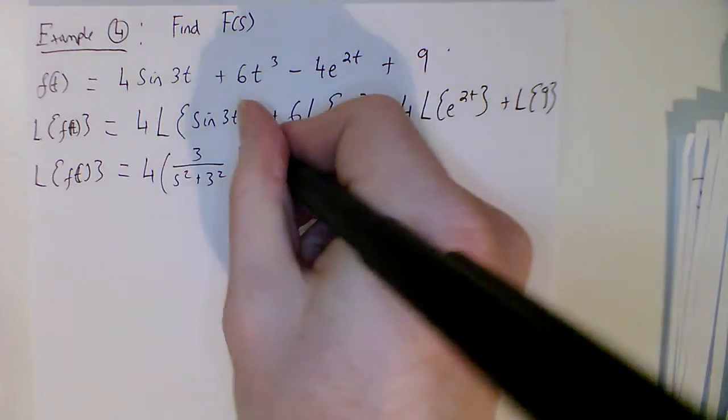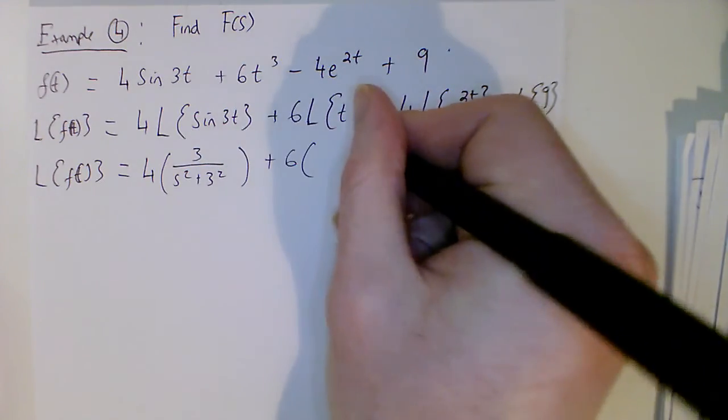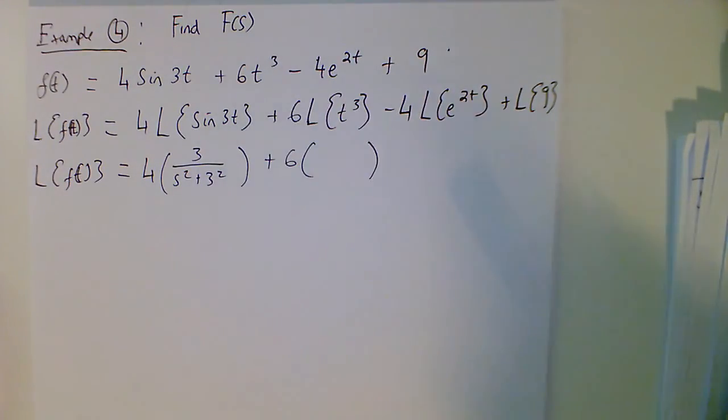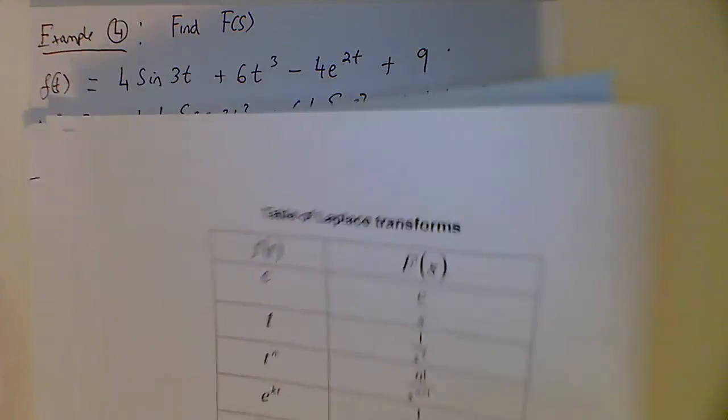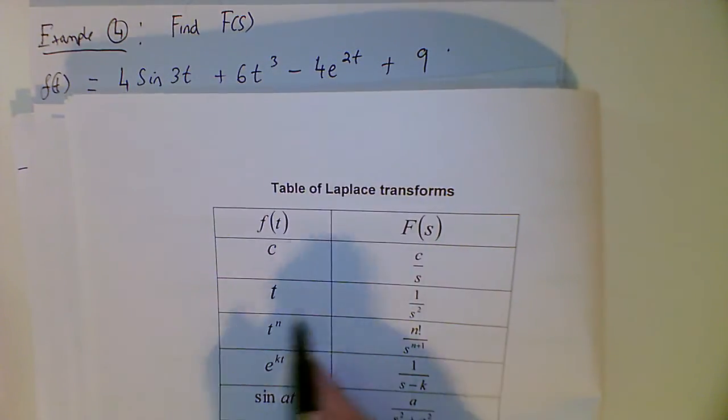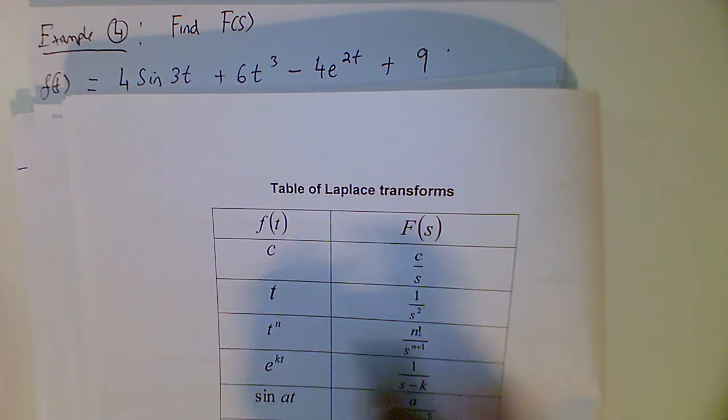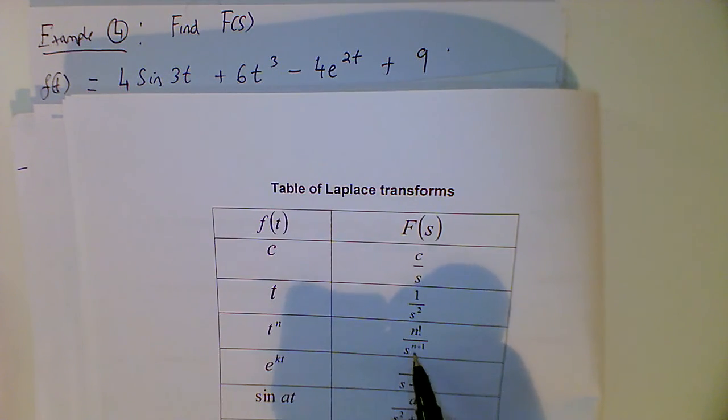The Laplace transform of t cubed is just your t to the power of n Laplace transform, so it's t cubed, so that's going to be 3 factorial over s to the power of 4.